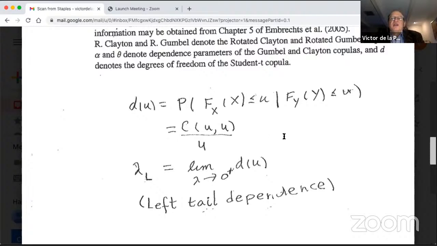Now, I guess in talking about what Paul says, I want to warn people about copulas. At the same time, I'm an enthusiastic person on them.